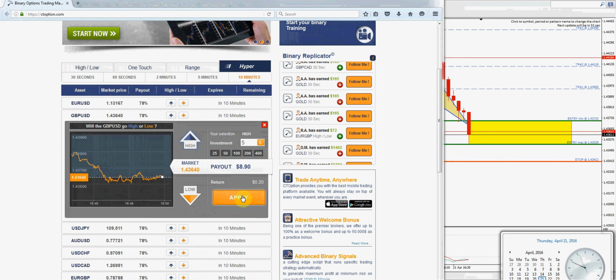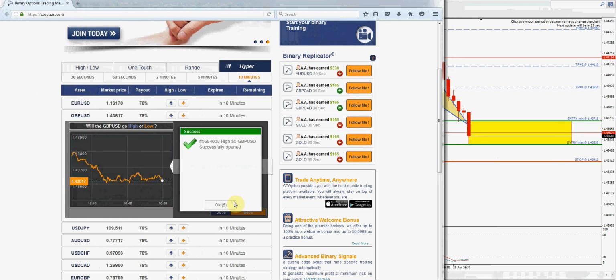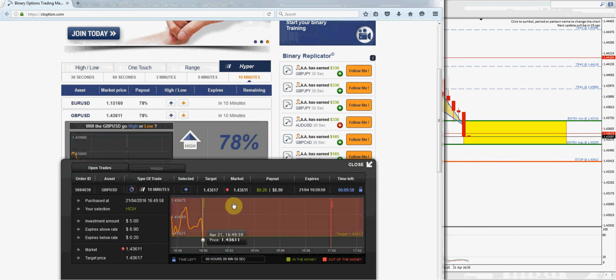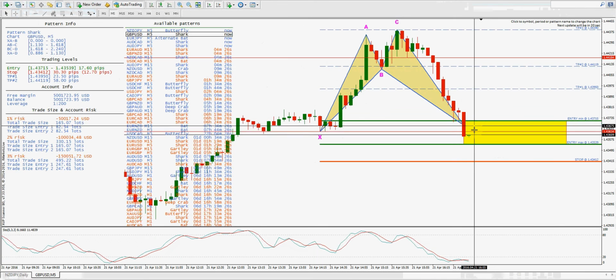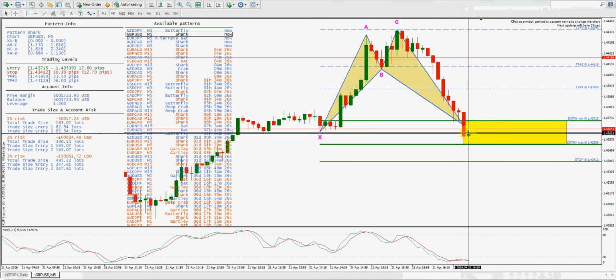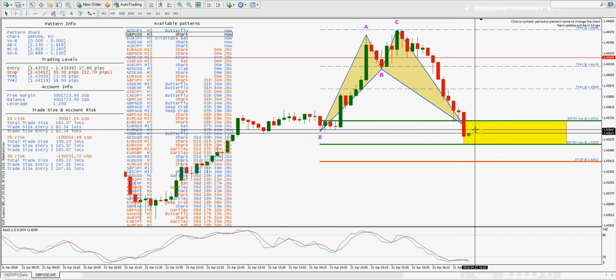About 5 seconds to go. All right, here we go. Again, the reason we took this trade is because we're in this buying area. We also have a couple levels that can act as support for us here.